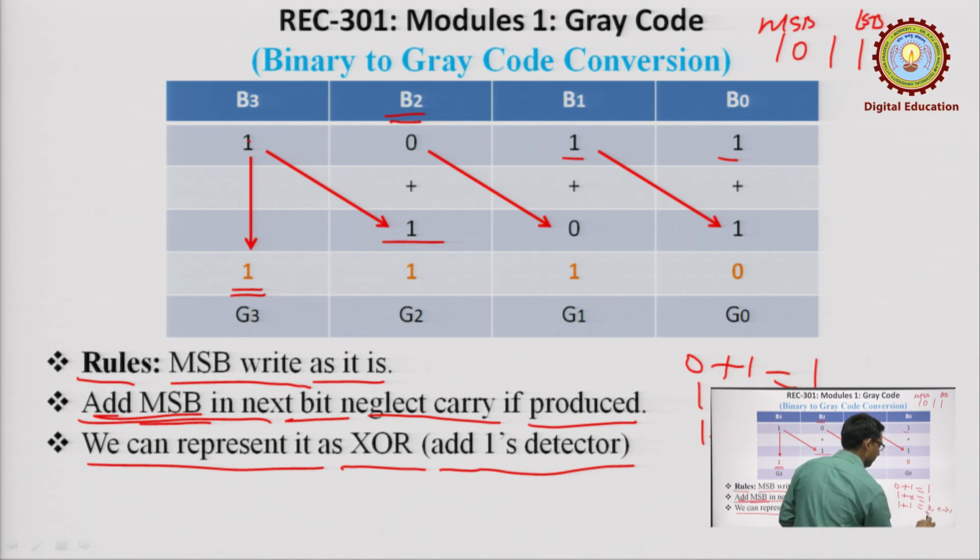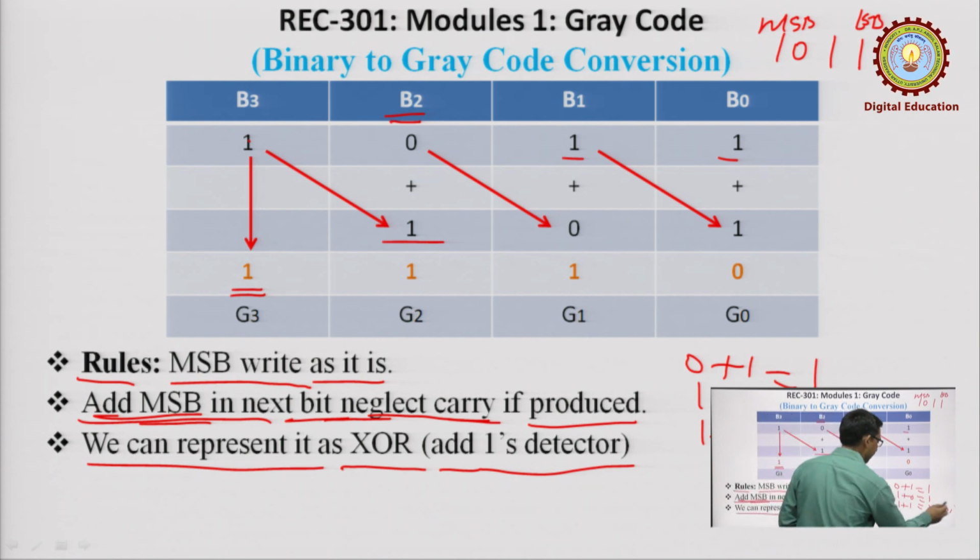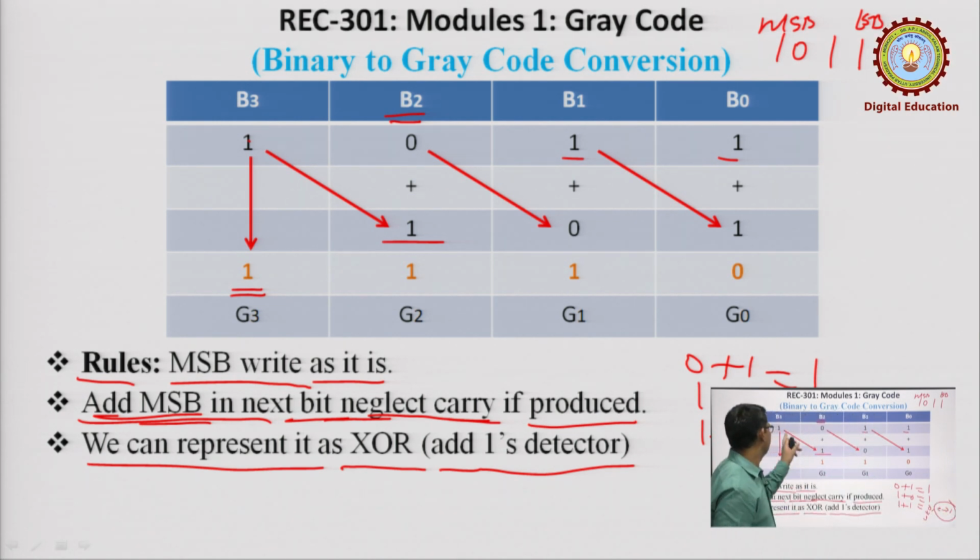This is the sum. Okay. And in this case we neglect the carry, we do not care about the carry. Okay. So, 1 will be copied as it is from rule number 1, and from rule number 2 we add these.